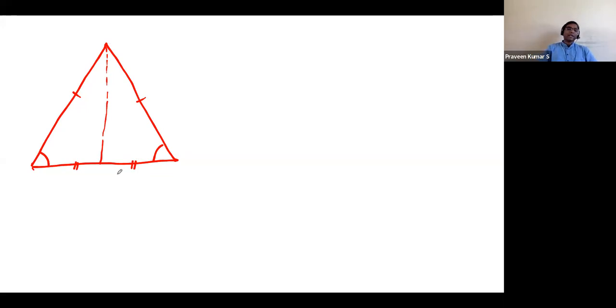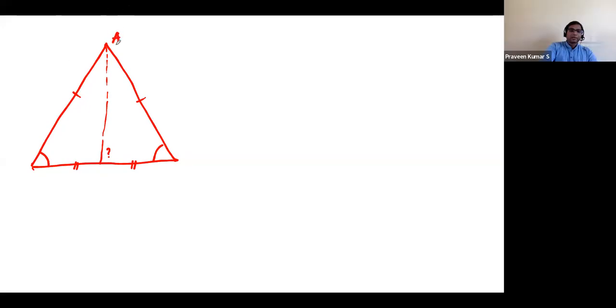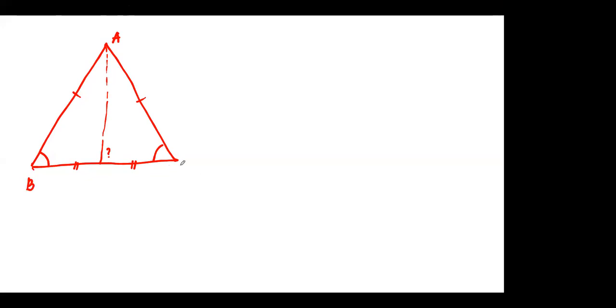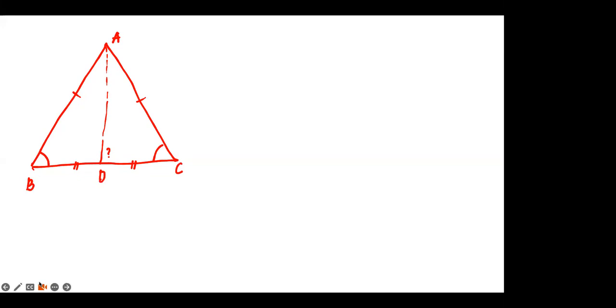If I draw the median here, can you guess what this angle will be? 90 degree. Why would it be 90 degree? How can you say that it will be 90 degree? Sir, because first of all, AB is equal to AC. Okay. Angle ABD is equal to angle ACD.